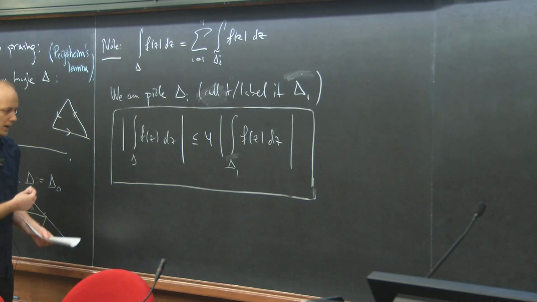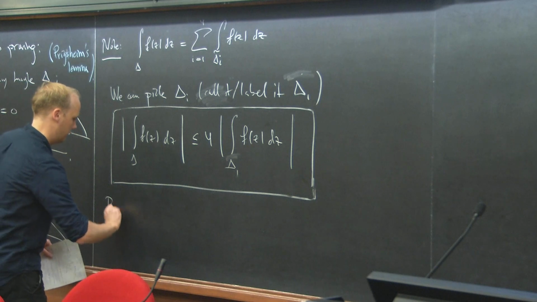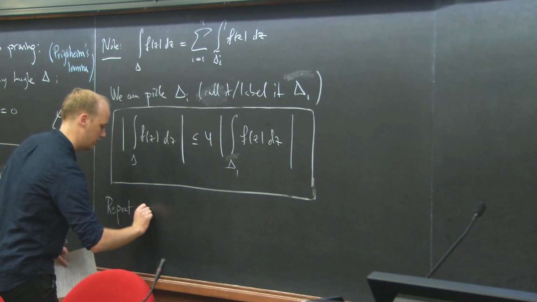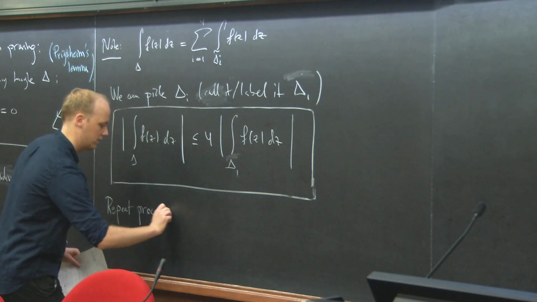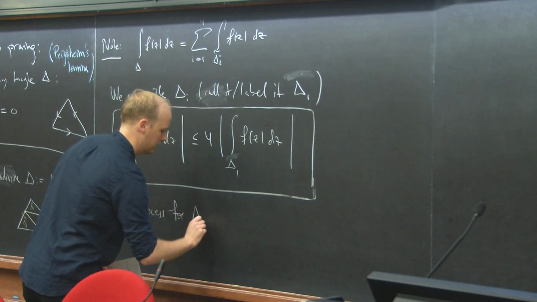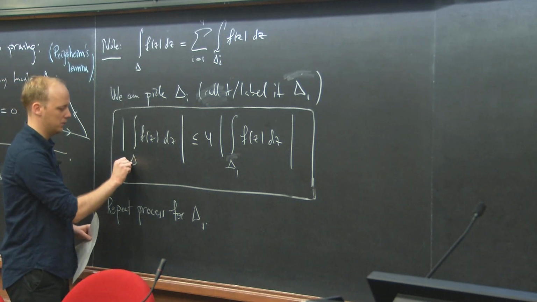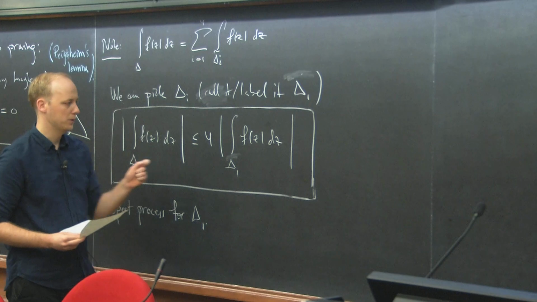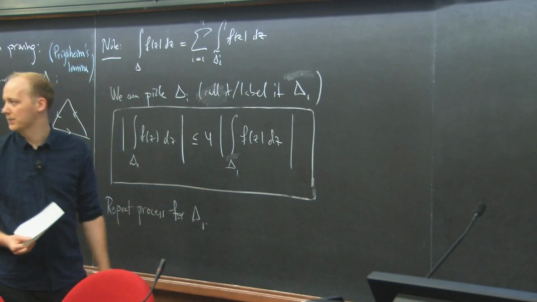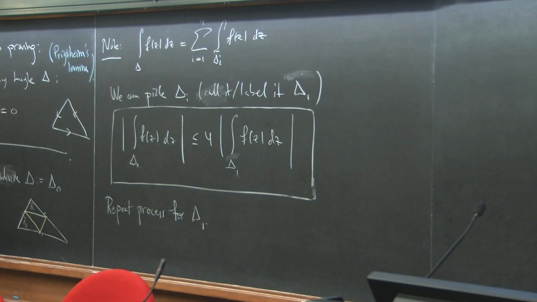So we can find this, okay? And then we repeat the process for delta 1. So we had delta 0. Delta equals delta 0. And then we find a delta 1, which satisfies this. So what we do again is that, well, let's say that it was one of these triangles. So let's say it was the top one, okay? The delta 1.